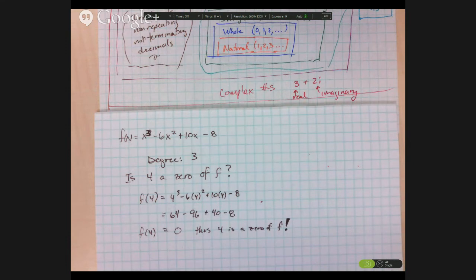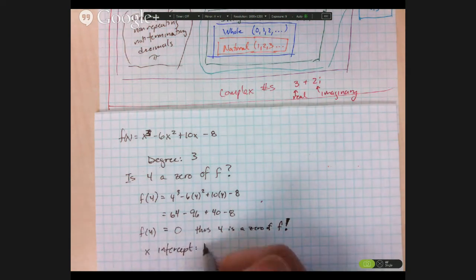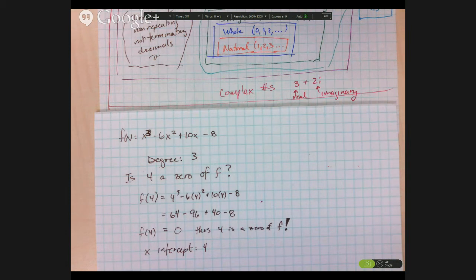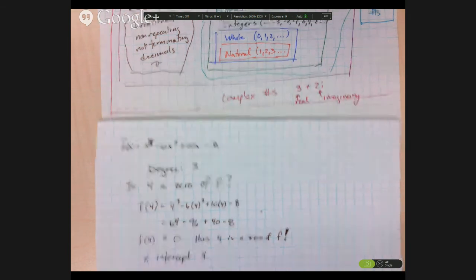Does that make it clear enough? What's the x-intercept then? Yeah, 4. On the graph, the x-intercept is 4. So we're trying to make those connections. Zeros, roots, and x-intercepts. Easy enough?